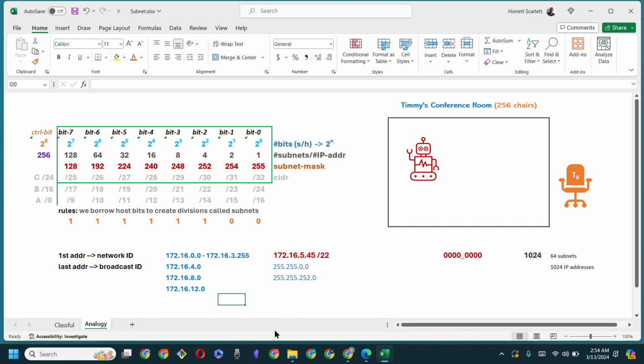By that same extension, the ending range for this one is going to be 172.16.7.255.